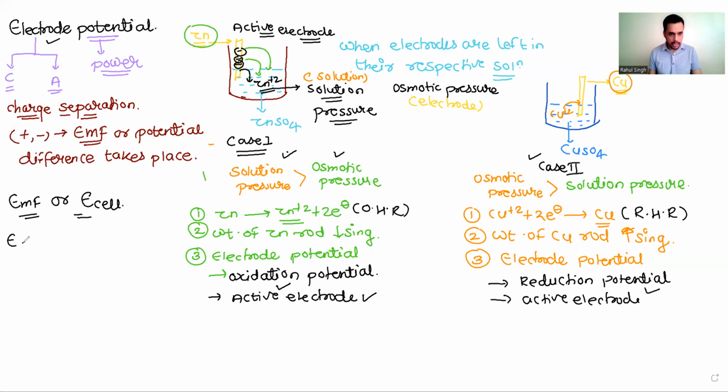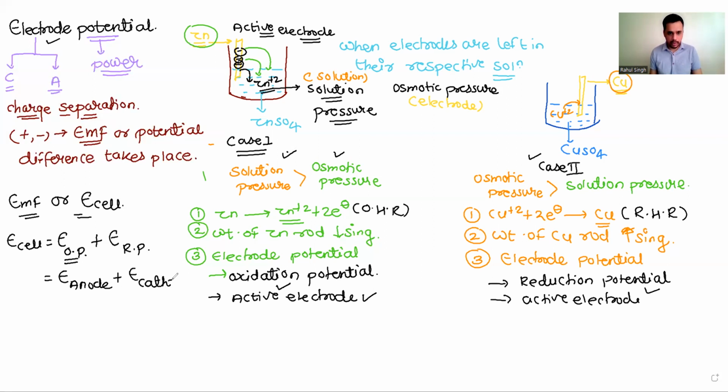So E cell can be written as, when we combine them, the electrode potential of oxidation plus the electrode potential of reduction. So we read this as E value of oxidation potential plus E value of reduction potential. Or we can say that oxidation always takes place at the anode, so E of anode plus E of cathode.